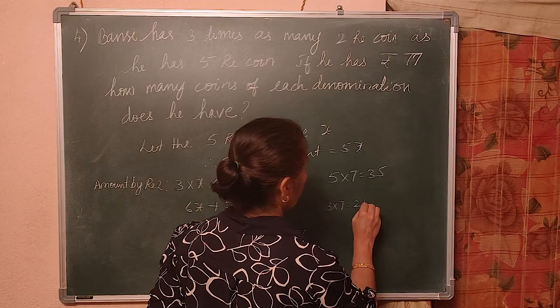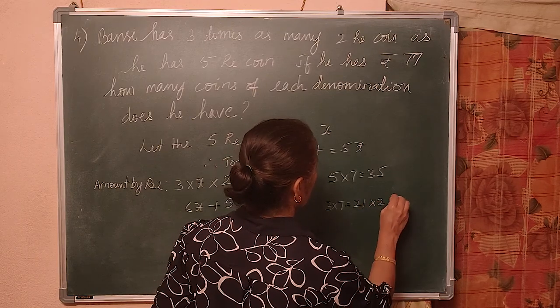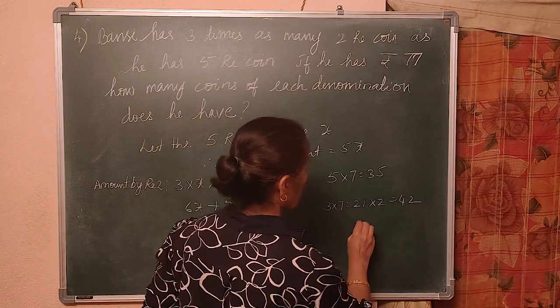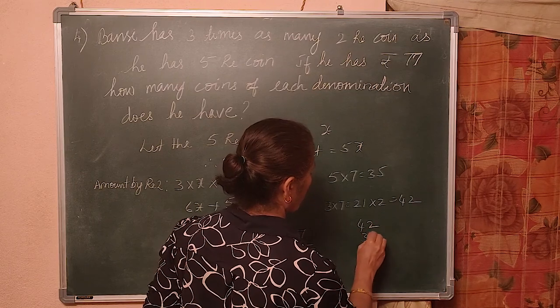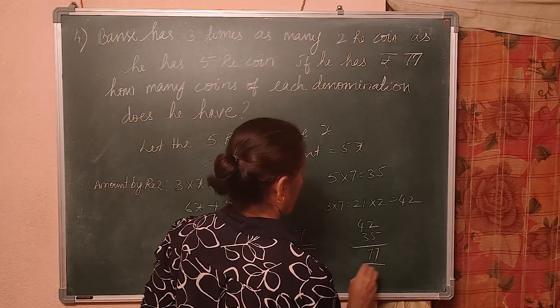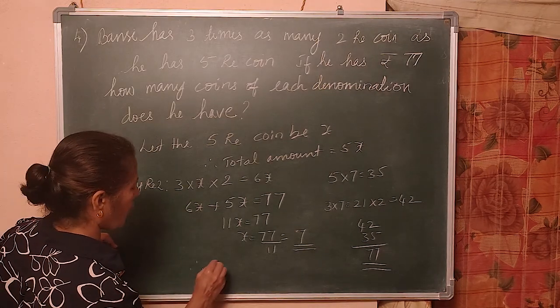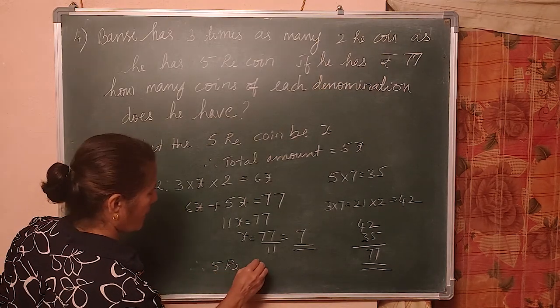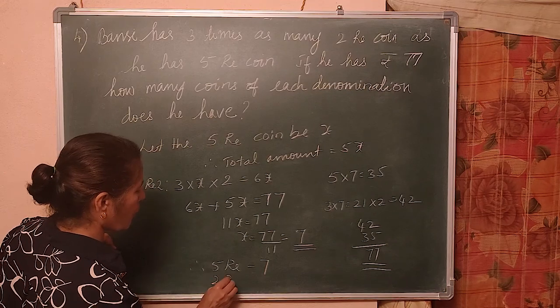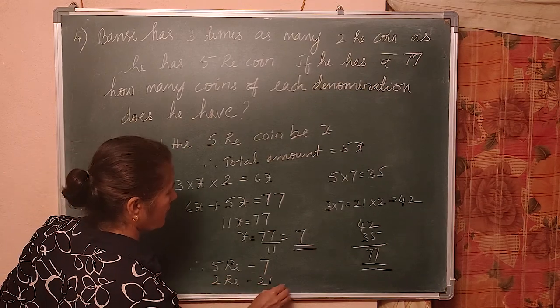So 21 into 2, how much? 42. Is 42 plus 35 equal to 77? Yes. So I can say 5 rupee coins 7, 2 rupee coins 21.